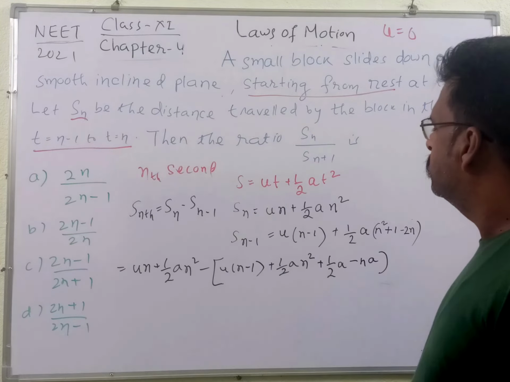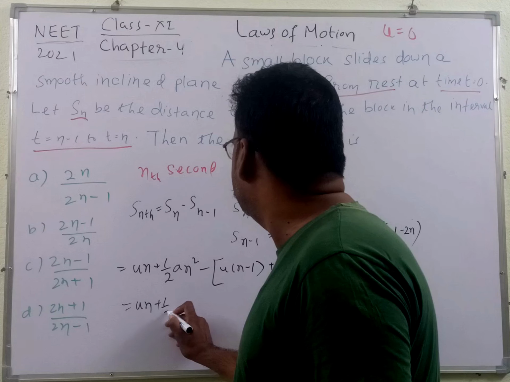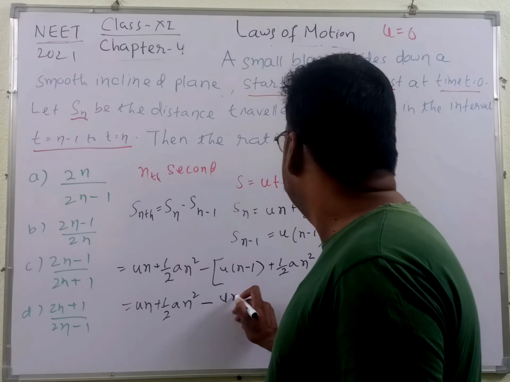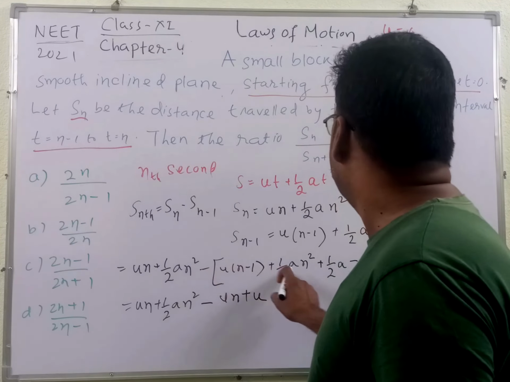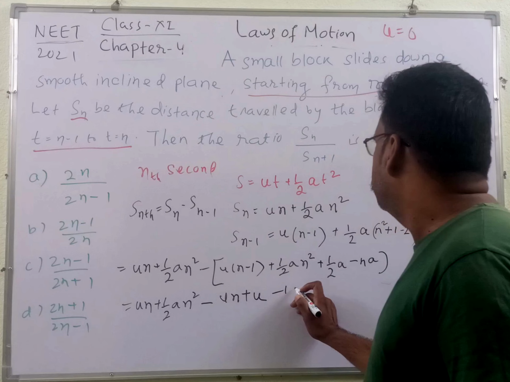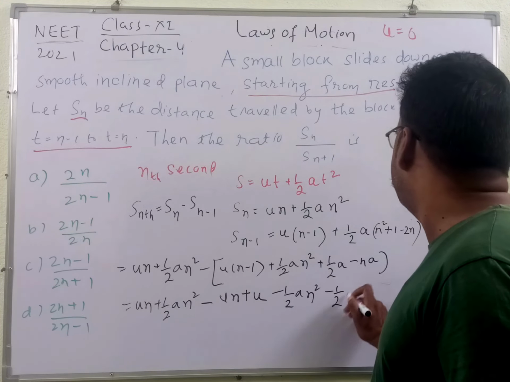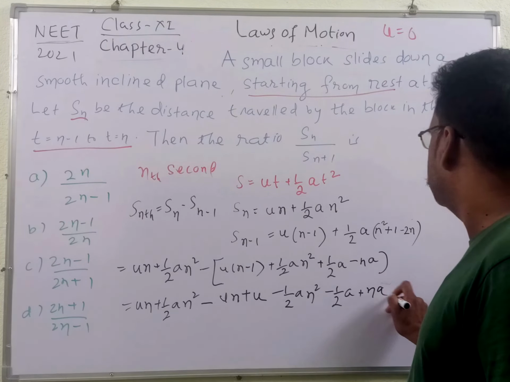Okay, student? So this will be un plus half a n square minus this, un minus u, this minus plus u, this minus half plus minus half n square. This becomes minus half a, and this becomes plus na.